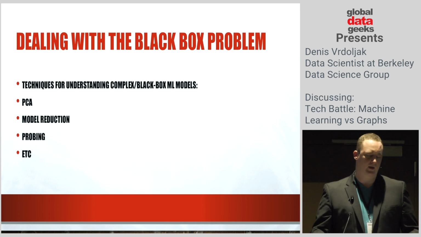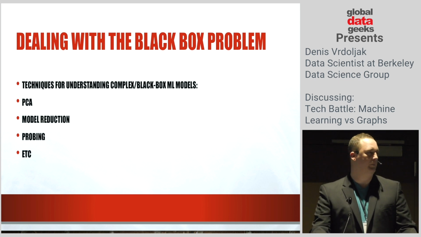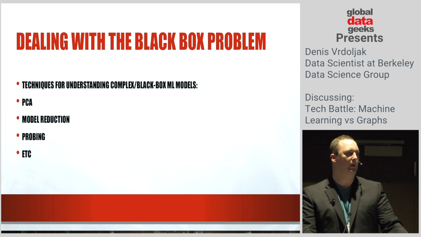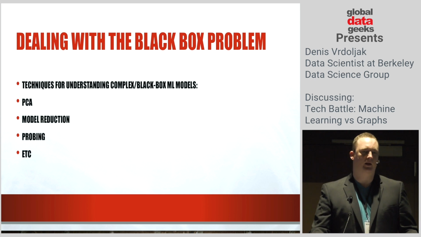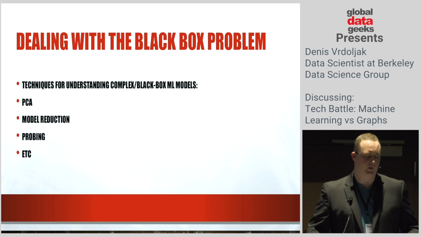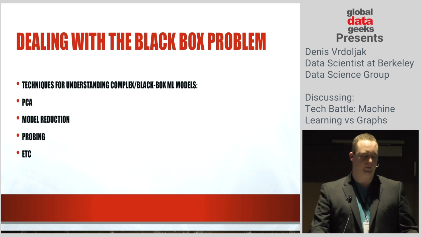Some of the ways that you can probe the model is by literally probing it, putting in random inputs and coming up with patterns between the outputs, changing one variable at a time, or combinations of variables, principal component analysis, multidimensional reduction.